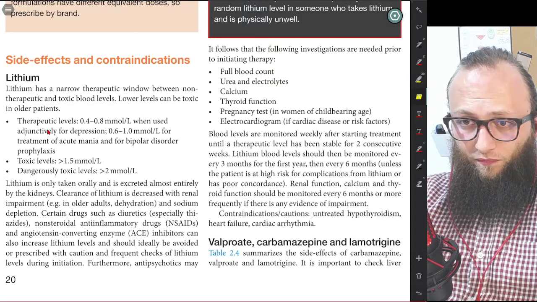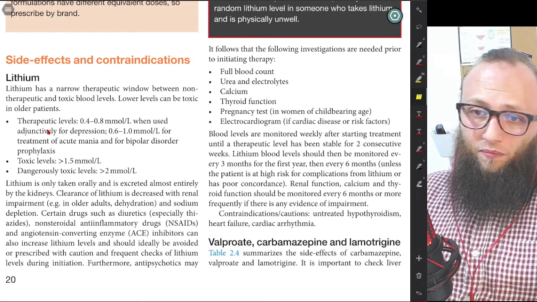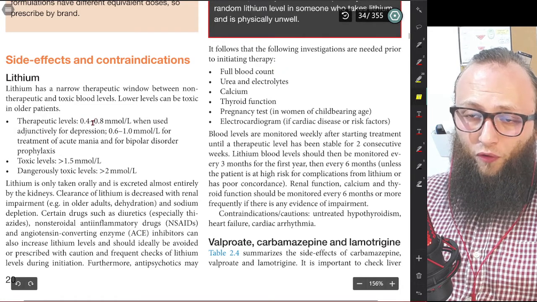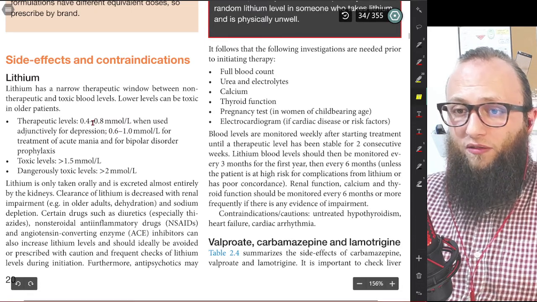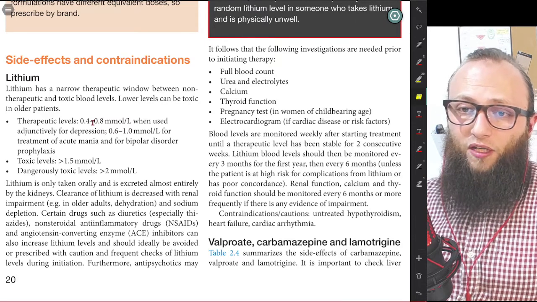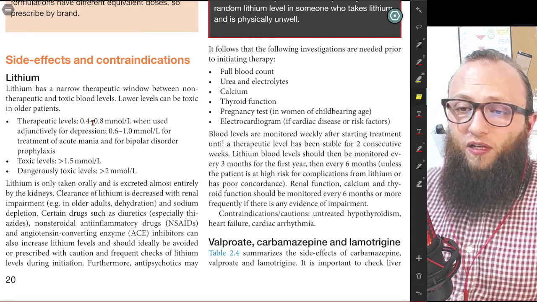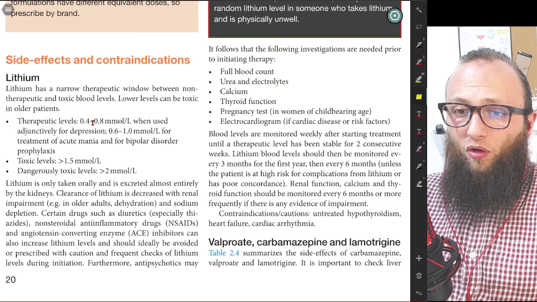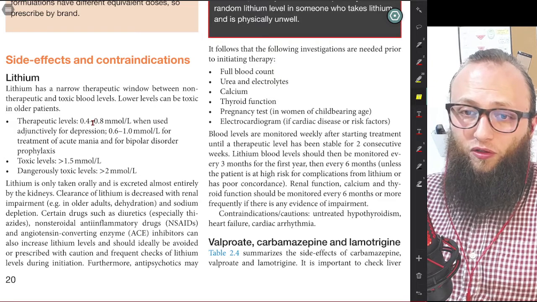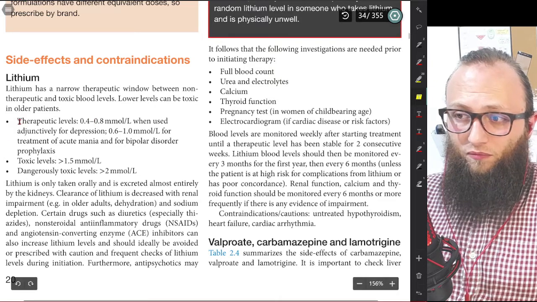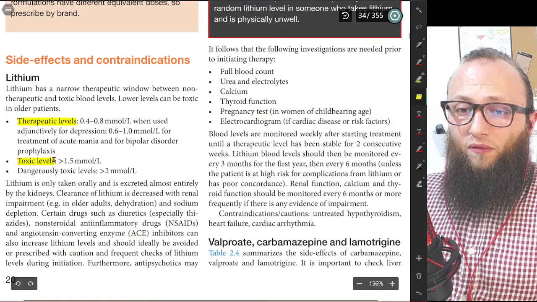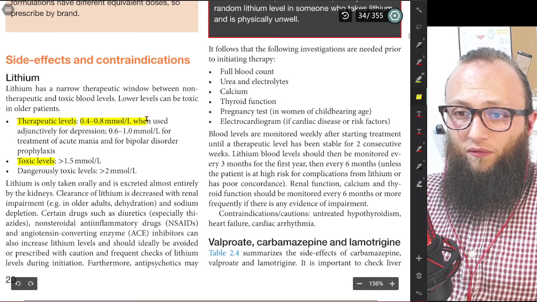So, the therapeutic level is from 0.4 to 0.8 millimole per liter when used adjunctively for depression, and 0.6 to 1 millimole per liter for treatment of acute mania and for bipolar disorder prophylaxis. Okay, these are the therapeutic levels.